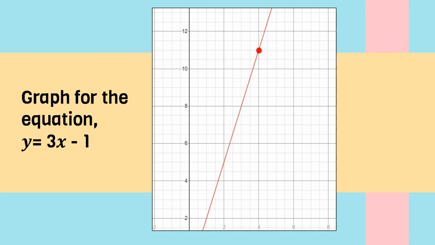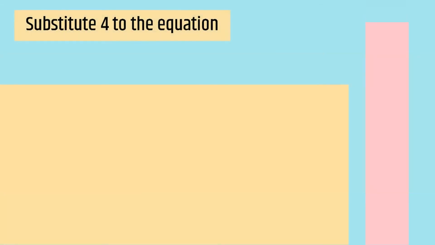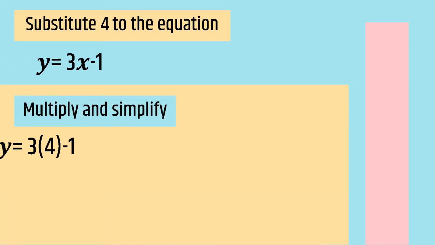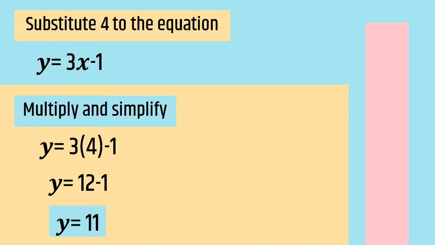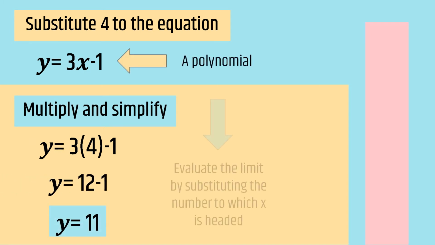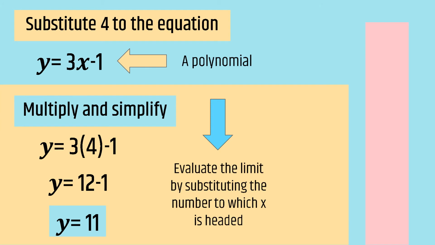Well, we're just lucky that our example is a polynomial. So that means, if we have a polynomial, and we need to find its limit as x approaches a certain number, we can immediately evaluate the limit by substituting the number to which x is headed.